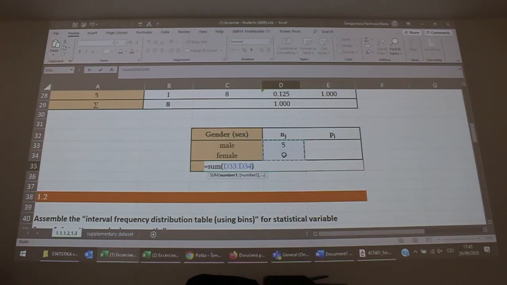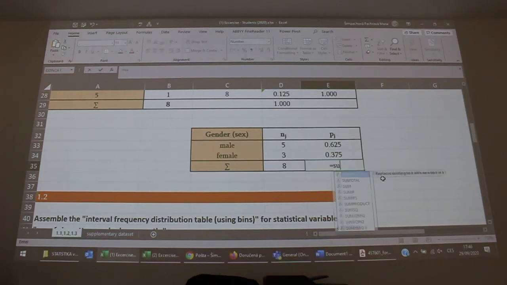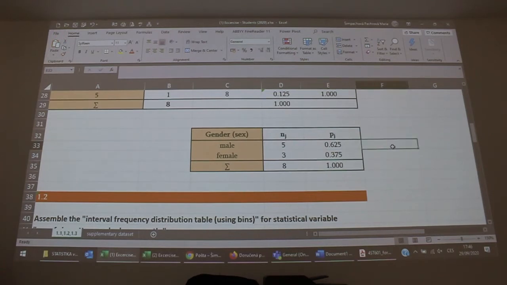Sum of these two values, you can see 8 prisoners in total, and 5 divided by 8 is this first relative frequency, and here equal sign 3 divided by 8, 0.375. You can calculate here summation as well, equal sign sum. You can open parenthesis and select these two values, and you can see that there is value 1.000.